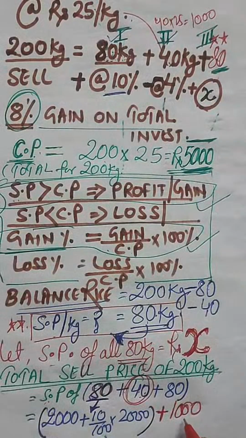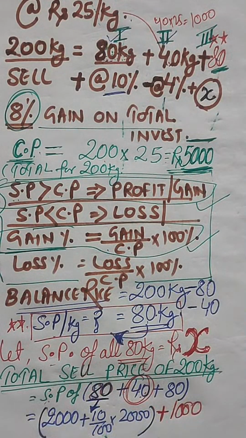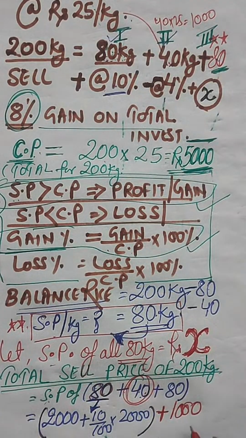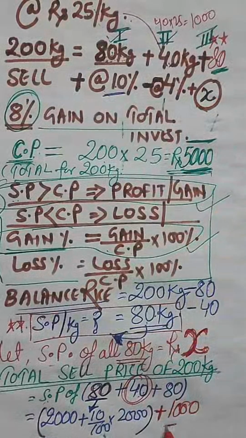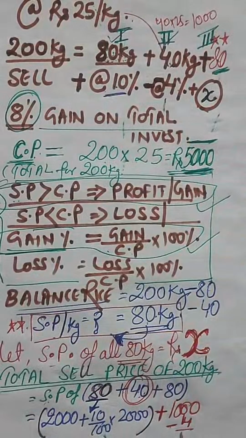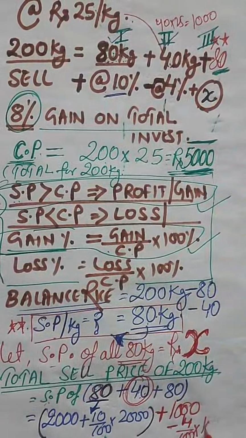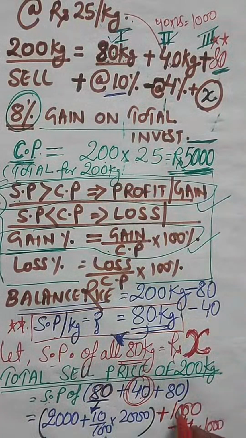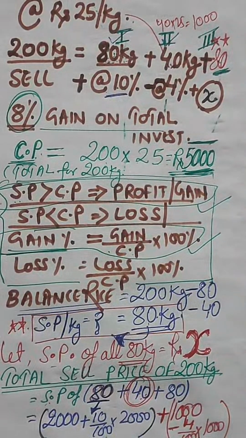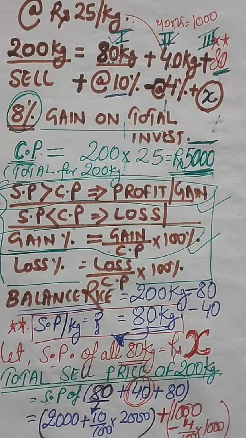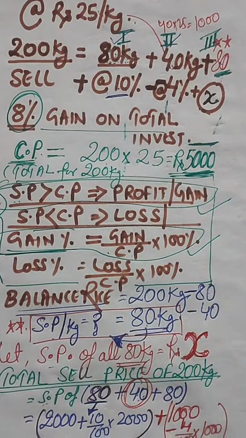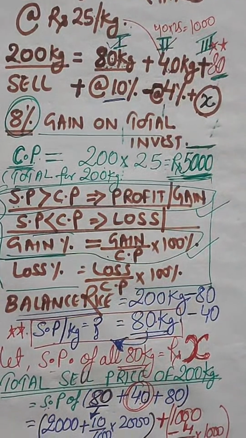Now the grocer is making a loss of, sorry, 4%. So this will be minus 4 by 100 into 1000, isn't it? If he is making such a loss, then that amount needs to be subtracted, right?